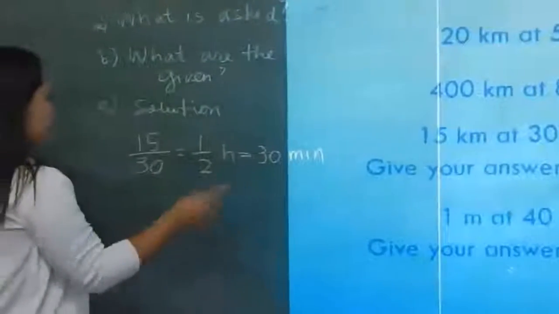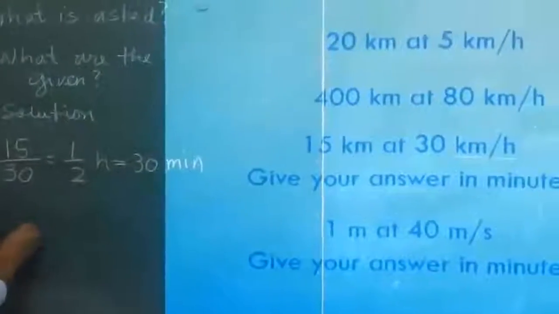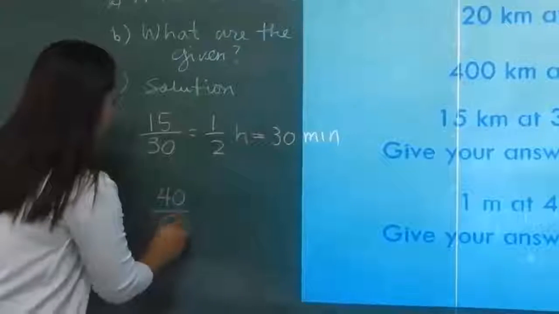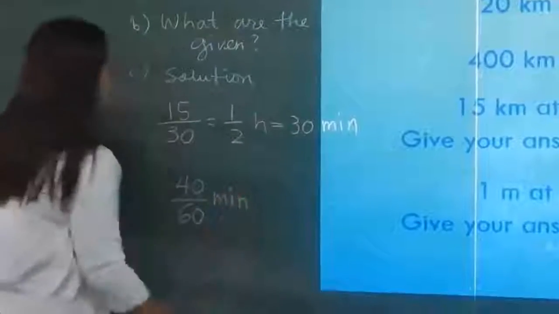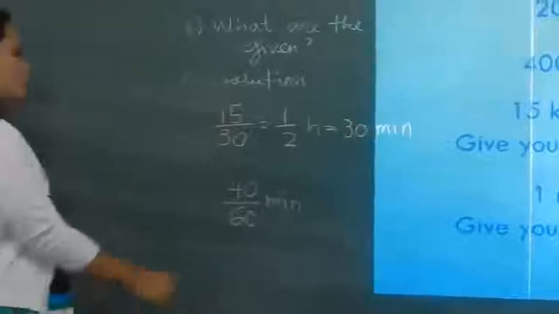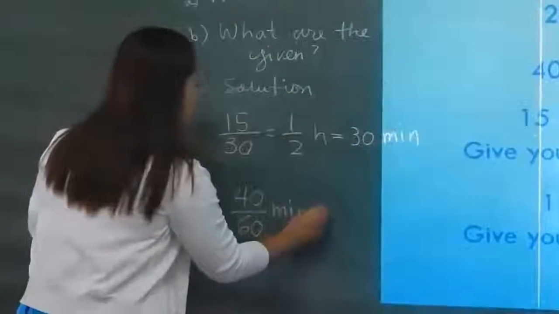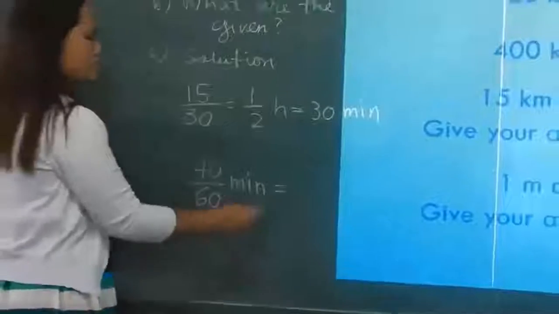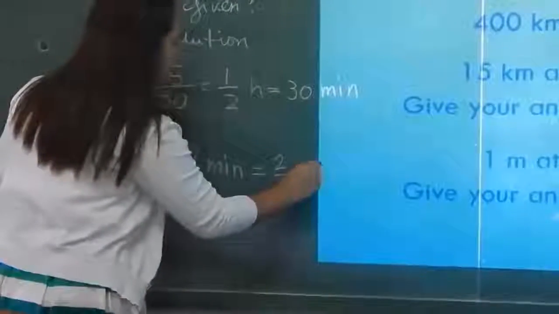So 40 meters per second, that means to say 40 over 60 minutes. So 40 over 60 minutes. So we can simply simplify this. 4 over 6 is equal to 2 over 3 minutes.